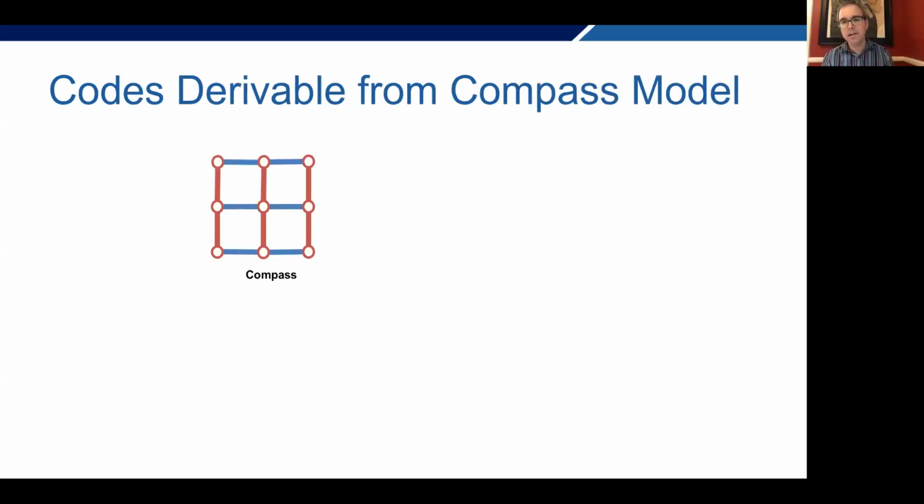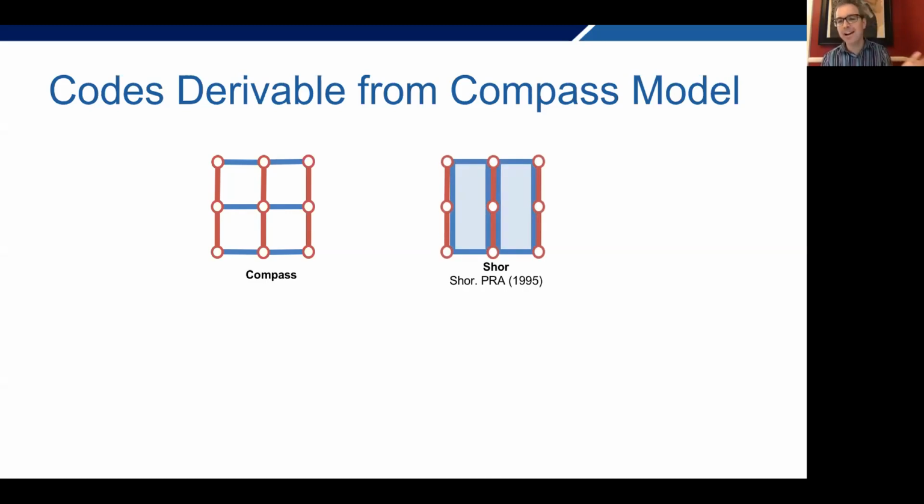So what I'm trying to do is take pairs of these bonds, multiple sets of these bonds, and put them together in order to make some kind of stabilizer code. And what's nice is, Shor's code, we can think of, this is of course not how Shor derived Shor's code. Shor derived it from concatenated repetition codes. But we can really think of it as taking these blue type bonds, putting all three of them together to form these large weight 6 stabilizer checks.